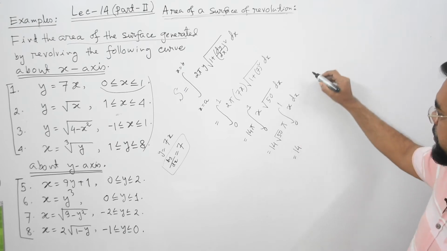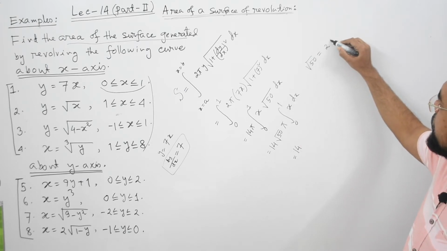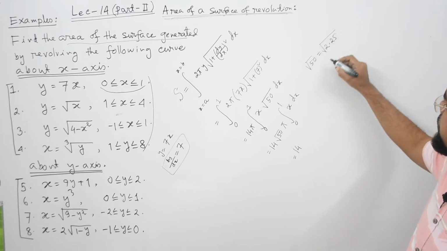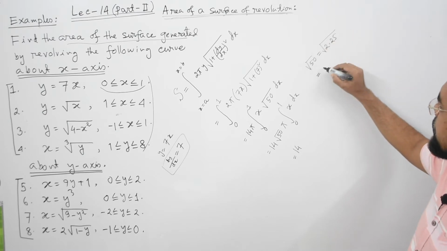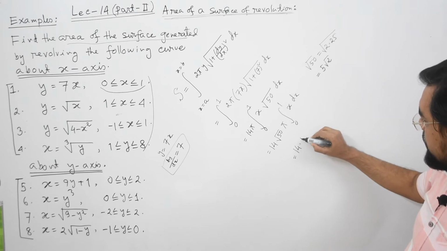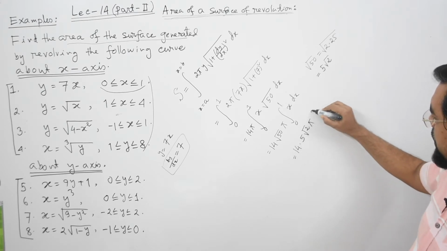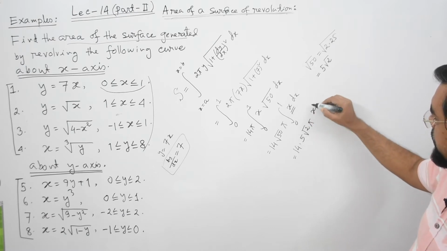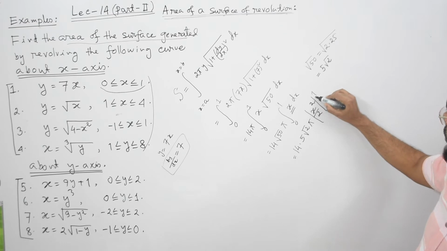And this equals 14 root 50. Root 50 is equal to root of 2 times 25, so I can take this 25 out of this square root. It will be 5 root 2. So let me write here 5 root 2 pi, and the integration of x squared by 2 from 0 to 1.